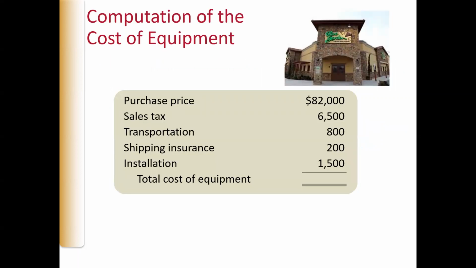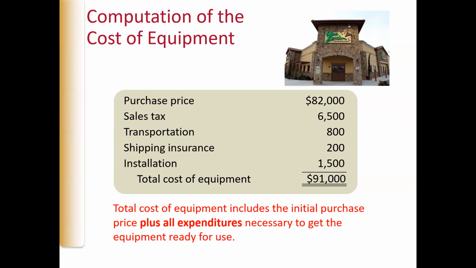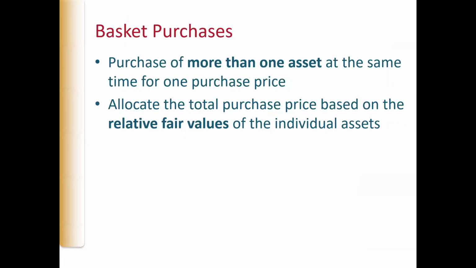So in this case, if you're looking at the cost of equipment, here you would see the purchase price of the equipment, the sales tax of the equipment, any transportation we pay, and shipping insurance, along with paying for people to install that equipment, would be the cost we would show for equipment.